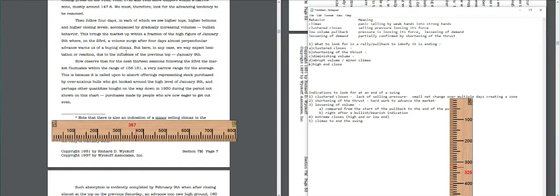Okay, so what do you look for in a rally or a pullback to identify it is about to end?